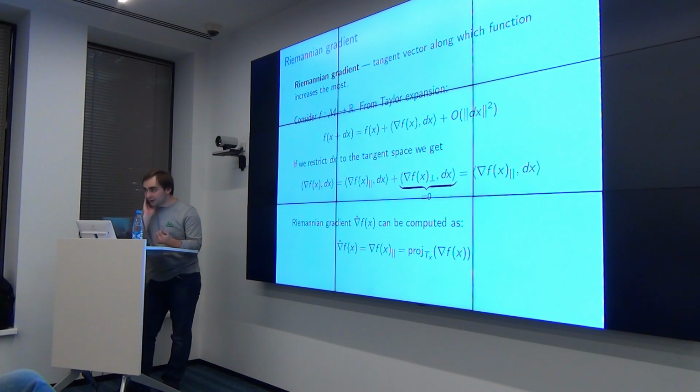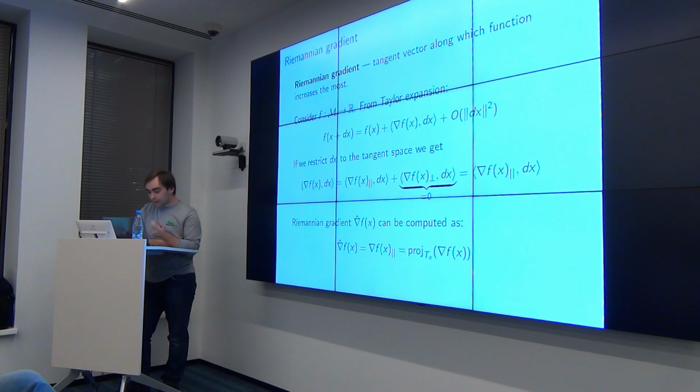You can write Taylor expansion, and on the manifold, you can move only along the tangent vectors, so you should restrict dx to the tangent space. And so you can decompose gradient into tangent and normal part, and one of the inner products vanishes, so you have only the tangent part.